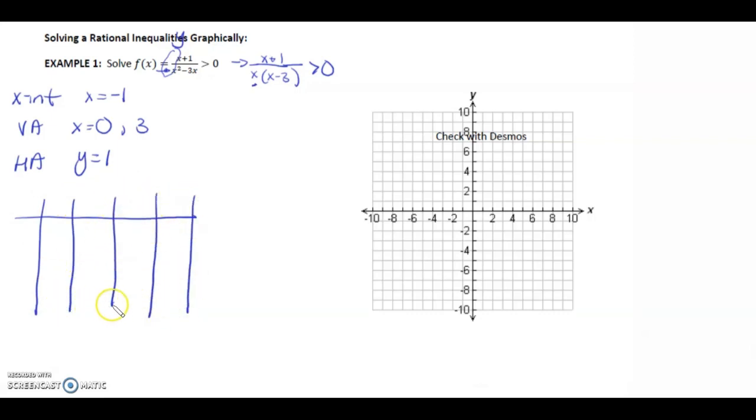A little bit different, but same idea here. We don't have to test the vertical asymptotes on the left or the right. So we're going to start with negative infinity. And then we're going to include these numbers here. So negative 1 numerically comes first, then 0, then 3, and then we finish with infinity.